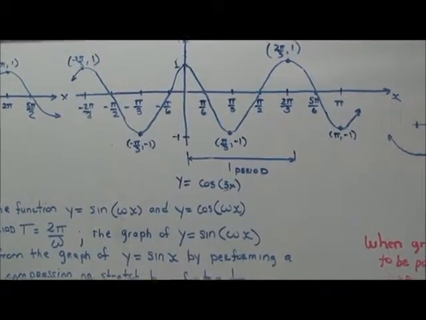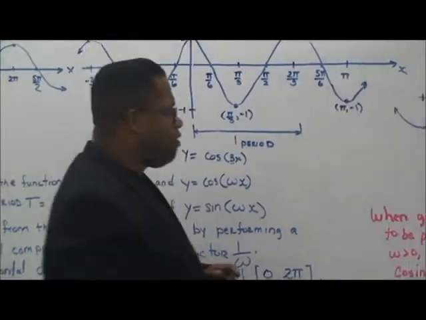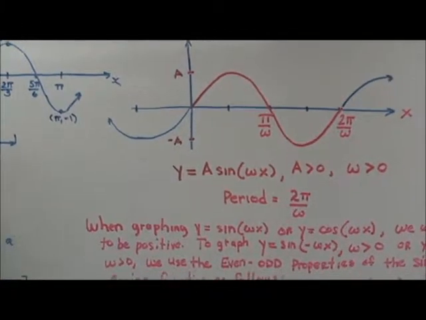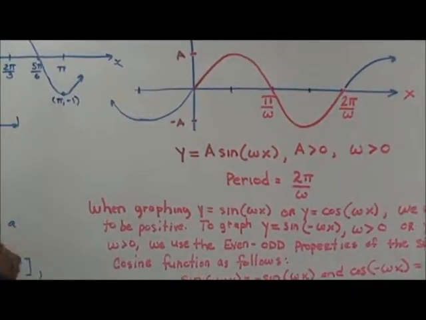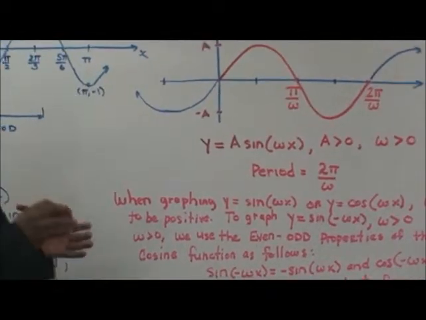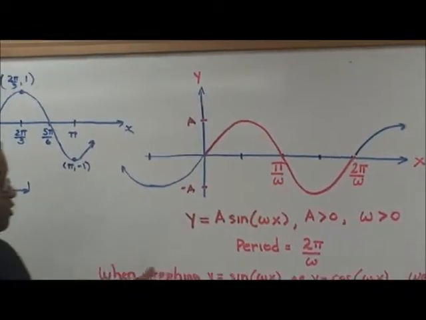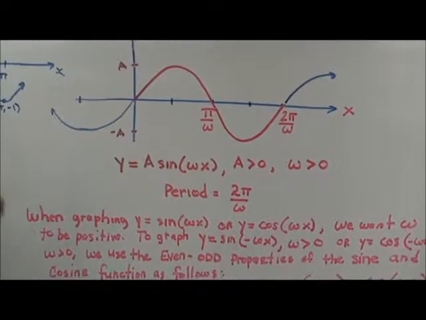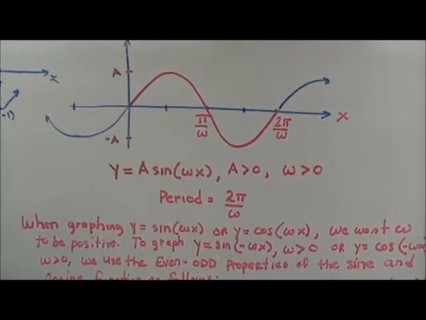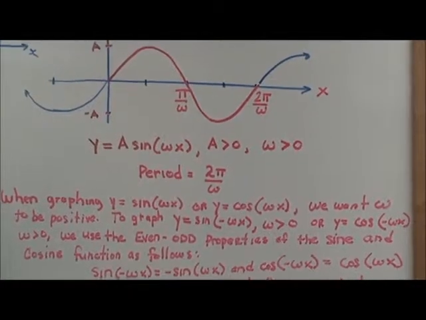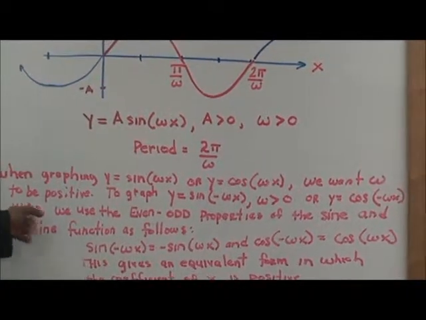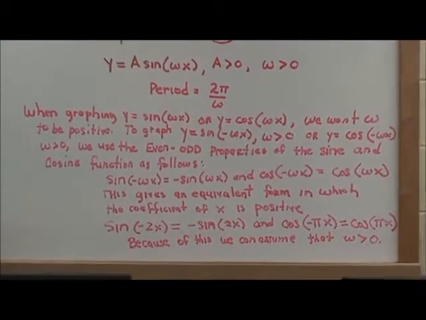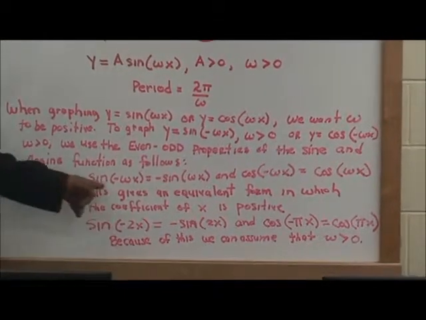Now, let's talk about this for a second. When graphing y equals sine omega x or y equals cosine omega x, we want omega to be positive. And to graph y equals sine of negative omega x, or y equals cosine of negative omega x, we again want omega to be greater than 0. We want to use the even and odd properties of the sine and cosine functions. This is as follows, remember this?